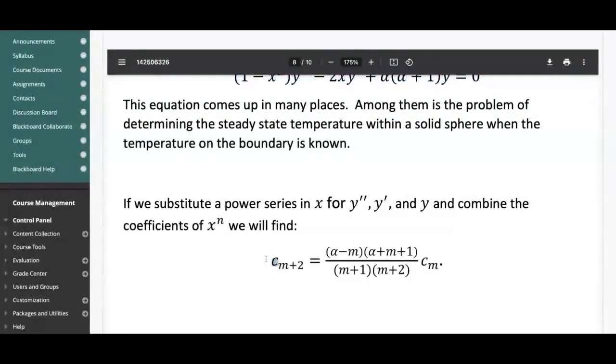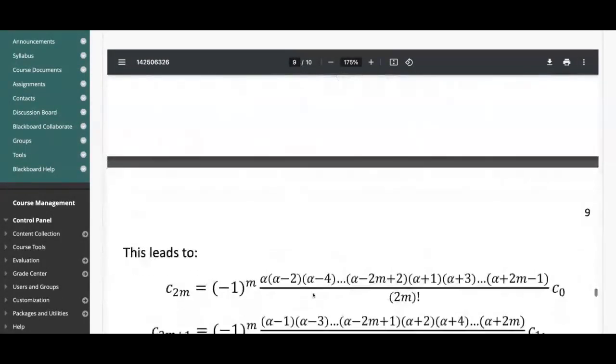We can get a relation between the m plus 2 term and the m term, which has this scalar. So the current term and the next term skipping one, the relation is this, with these scalar relationships.